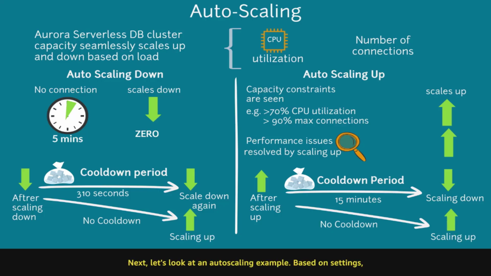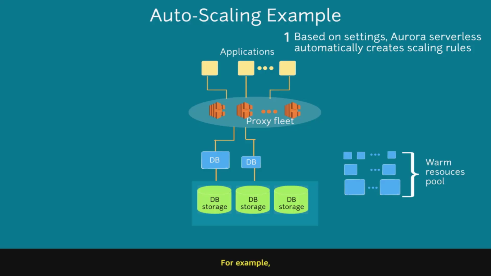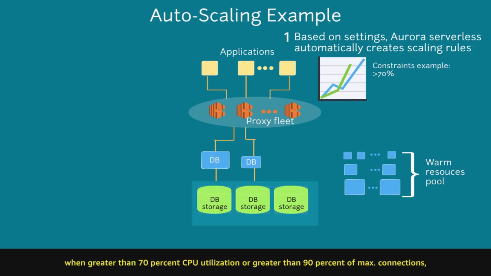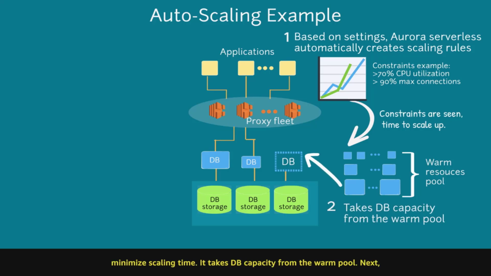Next, let's look at an auto-scaling example. Based on settings, Aurora Serverless automatically creates scaling rules. For example, when greater than 70% CPU utilization or greater than 90% of max connections, Aurora Serverless scales up. Aurora Serverless manages the warm pool of resources to minimize scaling time. It takes DB capacity from the warm pool.